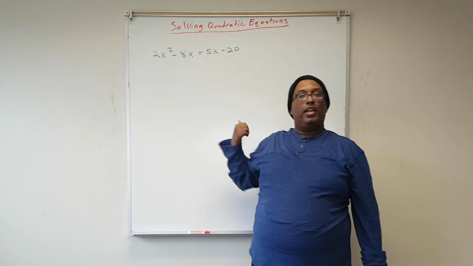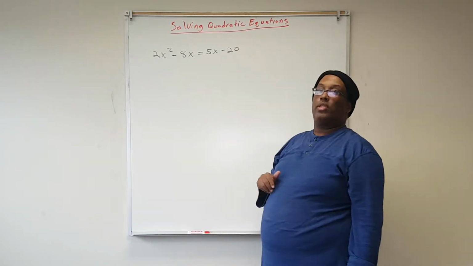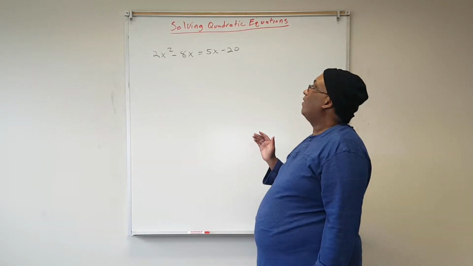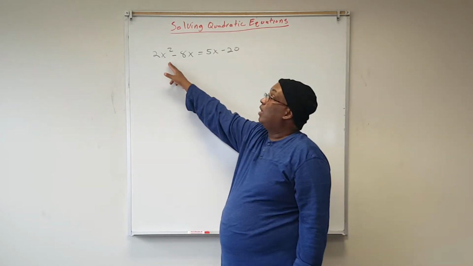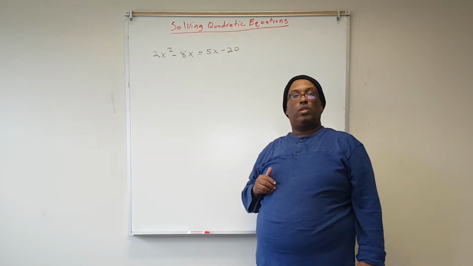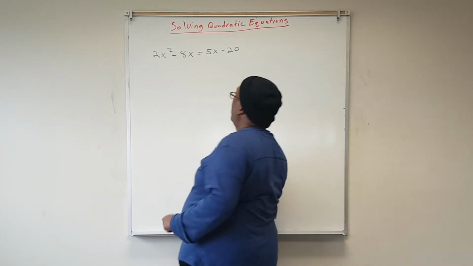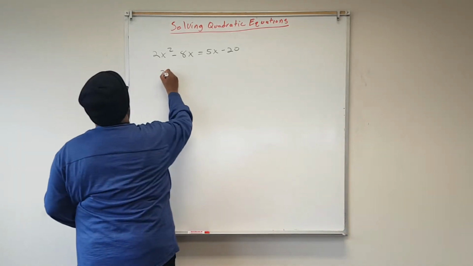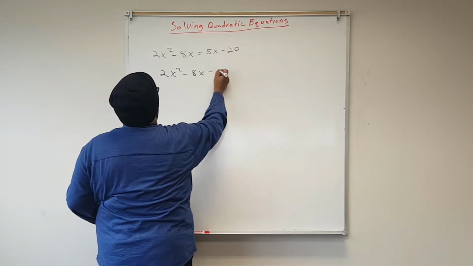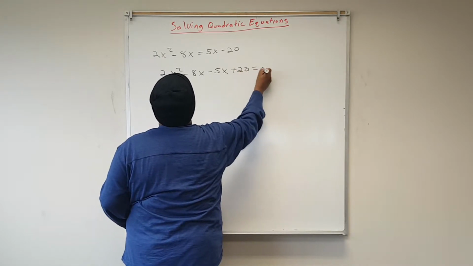Welcome back. Here's another example for solving quadratic equations. Here we have the highest exponent being a square, so we want to set this equation equal to 0. We'll move everything to the left, and we get 2x squared minus 8x minus 5x plus 20 equals 0.